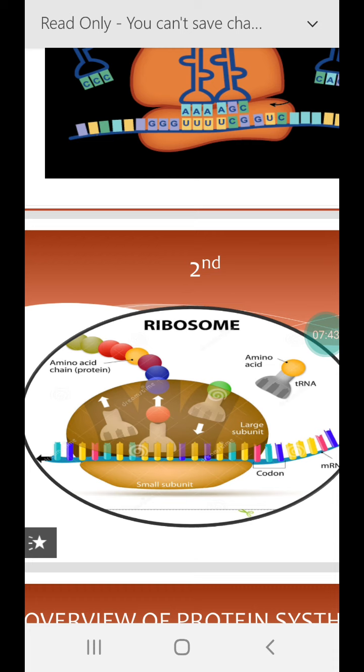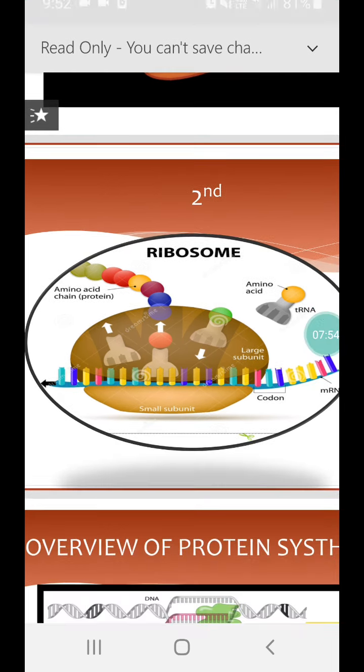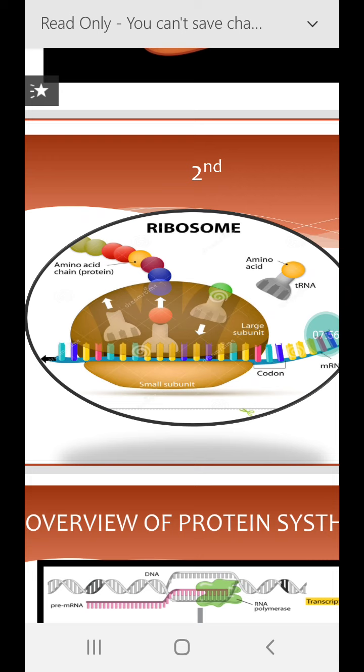So during elongation the ribosome moves along the mRNA in a stepwise manner, one by one, from start to stop codon, from 5' to 3' end, and one codon ahead each time.